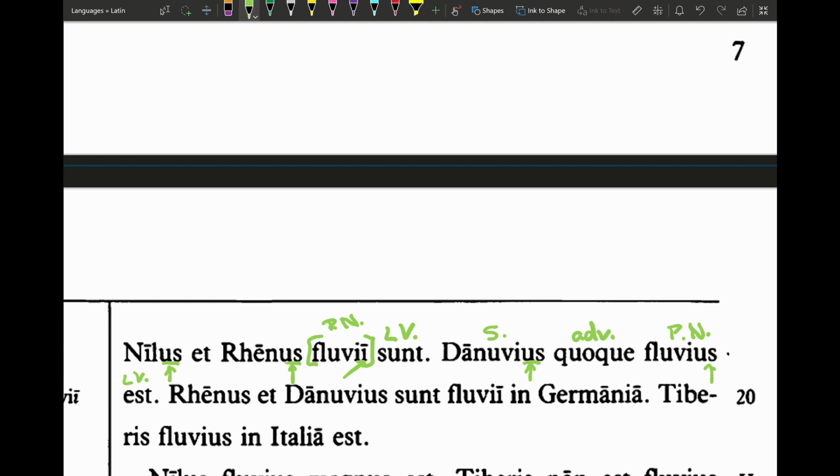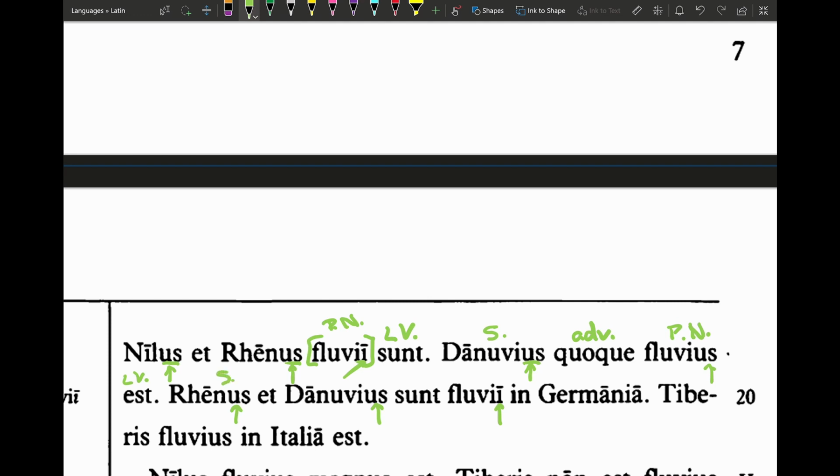Moving to the next line. It says, Rhenos et Danuvios sunt fluvii in Germania. So this has added pretty much all the different variations of sentence structures together into one that we have seen so far. So we have to find our subject. In this case, there's two subjects. So they're both second declension masculine. And then we have this right here, which means this is nominative plural because it's agreeing with the number of subjects.